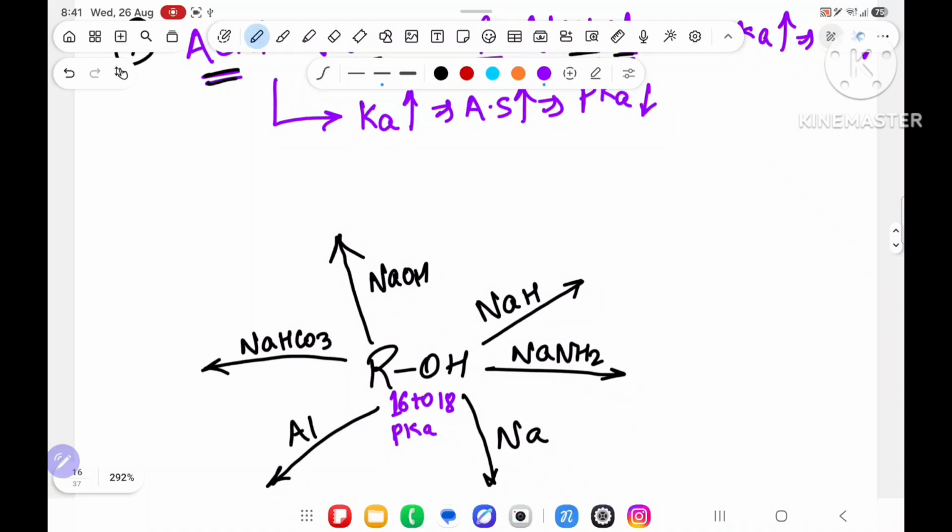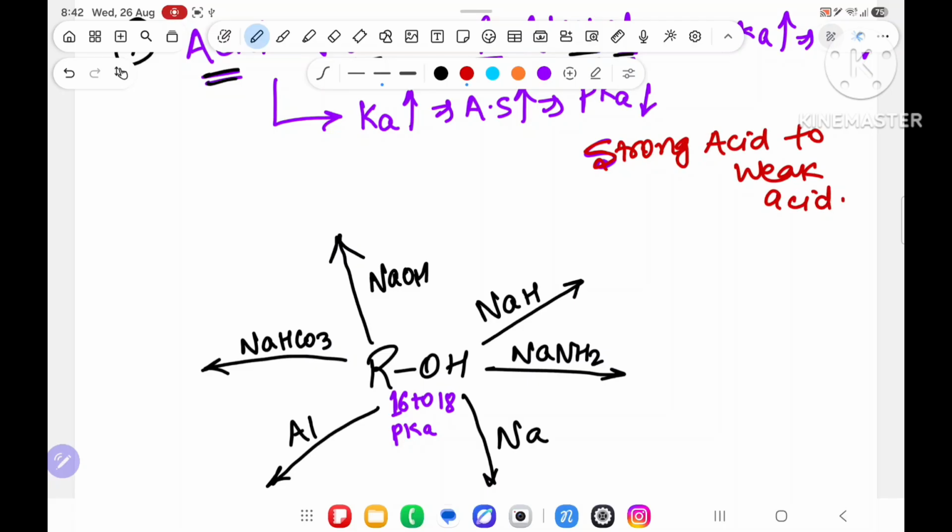And the rule is that we have to go from a strong acid to a weak acid. First it will react with NaOH, it will become RONa plus hydrogen gas.